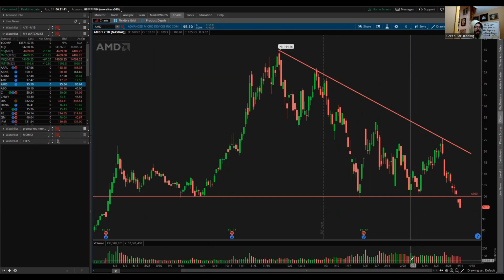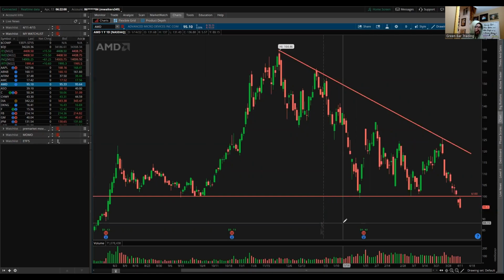Okay, AMD had a very clear support level at 100. You can see here going back to last year, support, breakout, bounce, bounce, bounce. Right here, coming in to this spot again with a market that has been very weak.